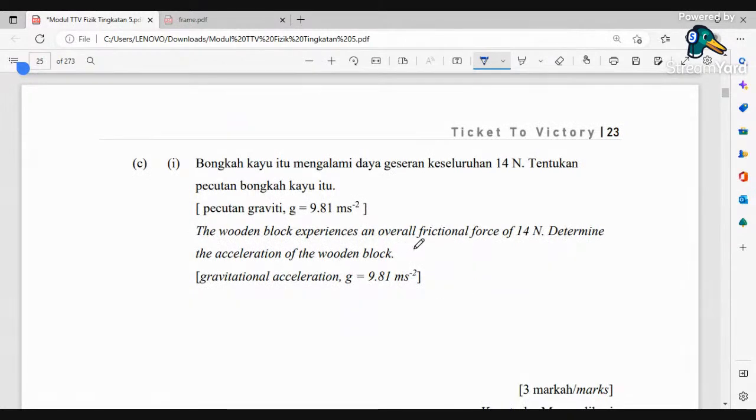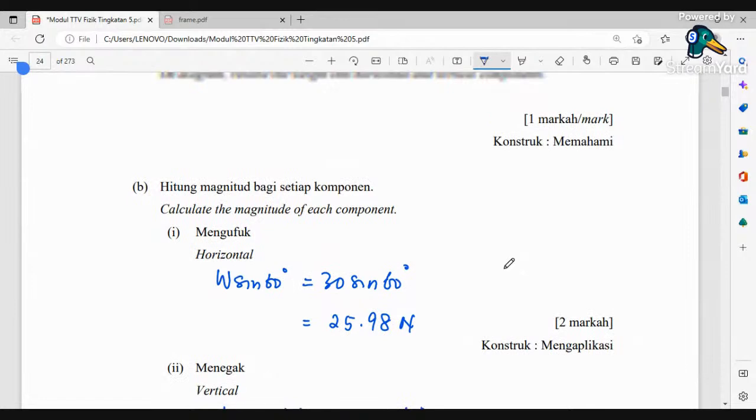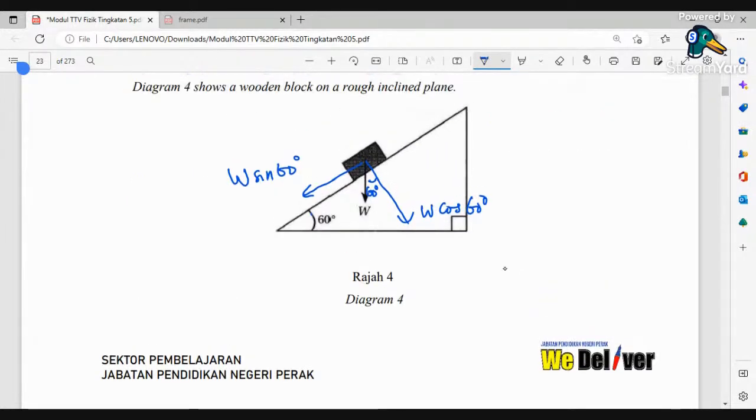C1, the wooden block experiences overall friction of force 14 Newton. Determine acceleration of the wooden block. Okay, look again. Friction 14 Newton.